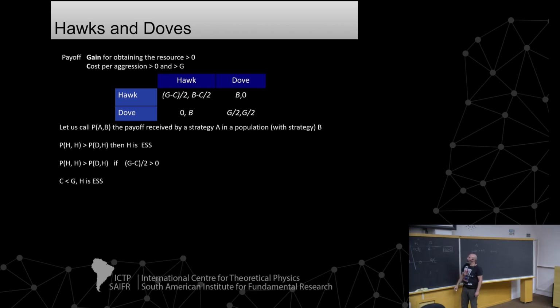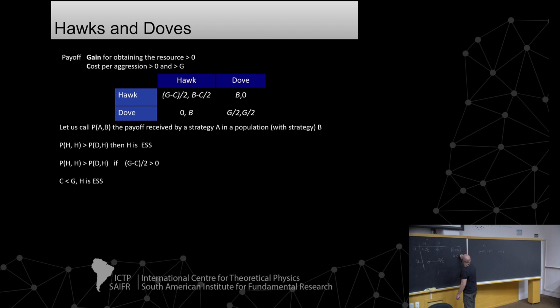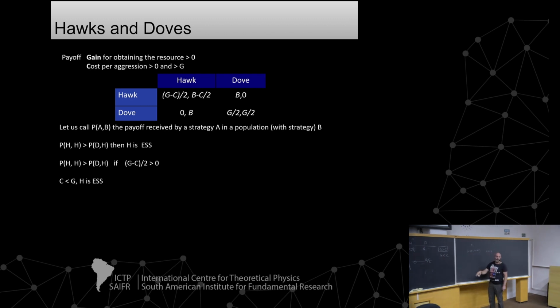But this is not what we want. We want a game to be more interesting than that. So what we are going to do is to say that chi is less than c. So the cost is greater than the gain.